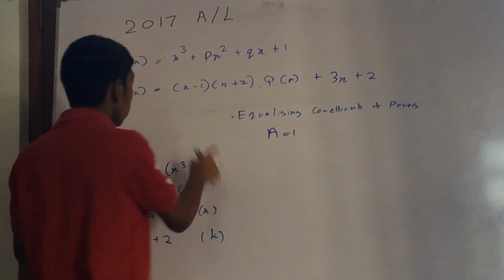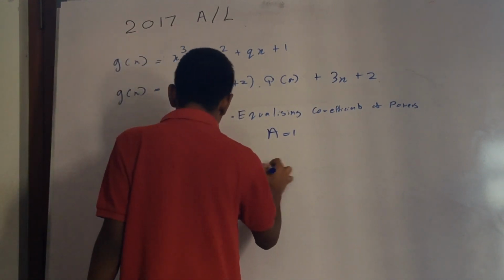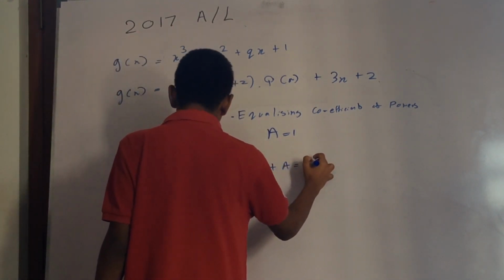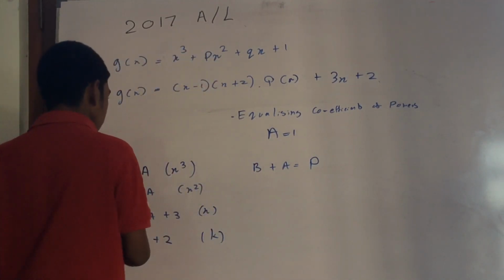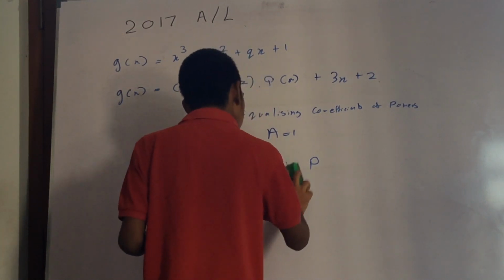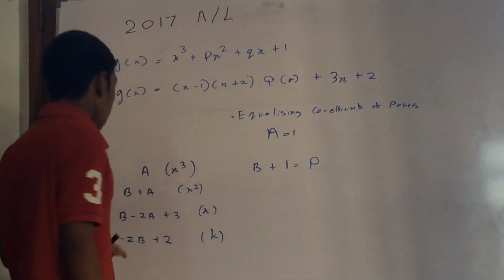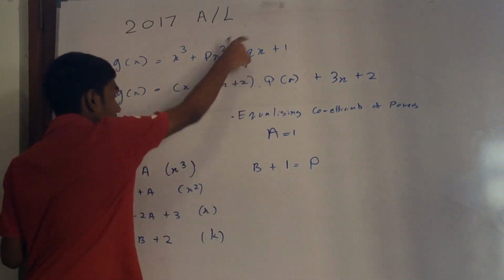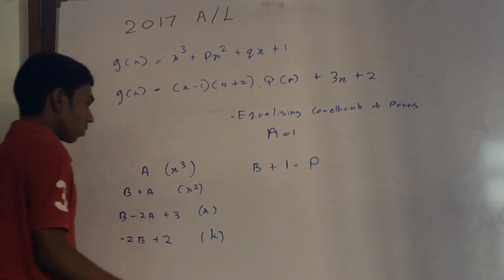And for x squared, the coefficient of x squared is p. So b plus a is equal to p. So a is 1. So b plus 1, a is 1. So we can write b plus 1 is equal to p. And the coefficient of x, q is equal to b minus 2a plus 3.